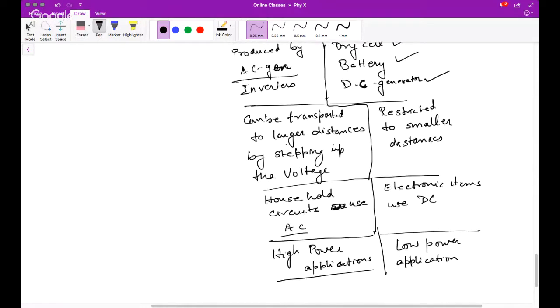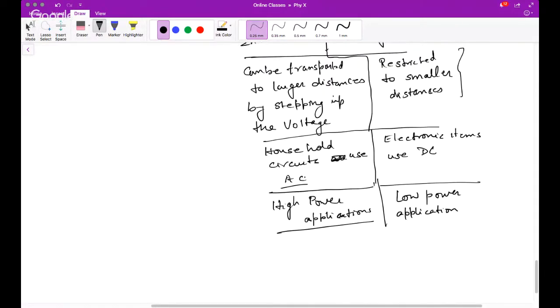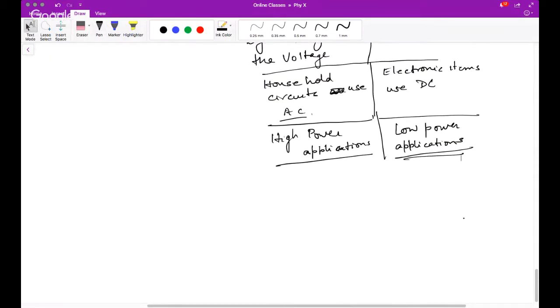AC can be transported to larger distances by stepping up the voltage; DC is restricted to smaller distances. Household circuits use AC, electronic items use DC, high power applications use AC, low power applications use DC, usually. Tell me if there is anything else I should cover, or let me also give you some questions from electricity.